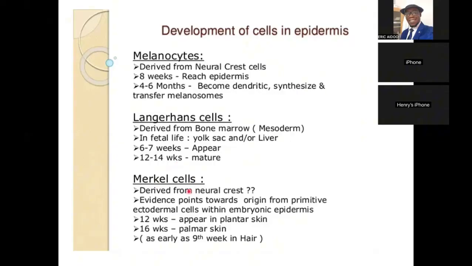The Merkel cells, some say, are derived from neural crest cells, others can't really pinpoint. Evidence points towards origin from primitive ectodermal cells within embryonic epidermis. They appear in the plantar skin around the 12th week, and by the 16th week they appear in the palmar skin. So it means that they appear earlier in the lower limb than in the upper limb.